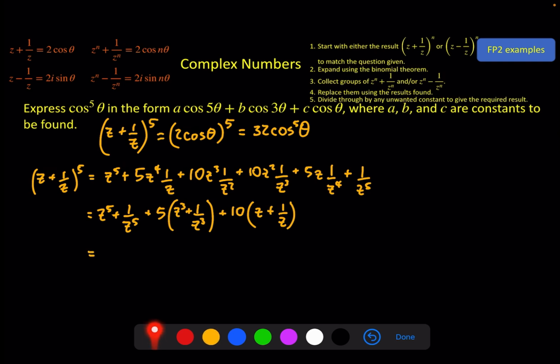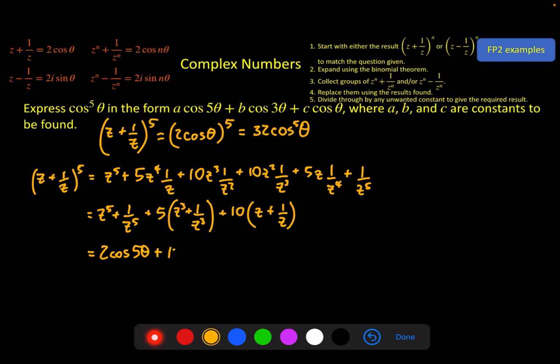That's really useful then, because we've got these expressions here. So z to the 5, 1 over z to the 5, add them together. We know from the work that we just did, if you can recall this result, that that is equal to 2 cosine 5 theta. And then here, the same idea, this is equal to 2 cosine 3 theta. Don't forget about that 5 in front.